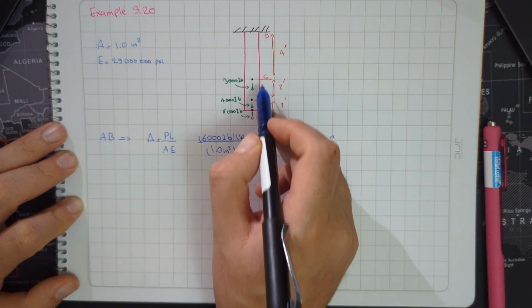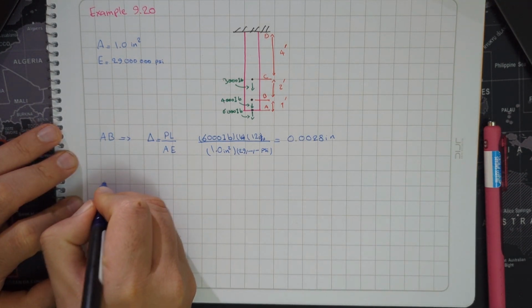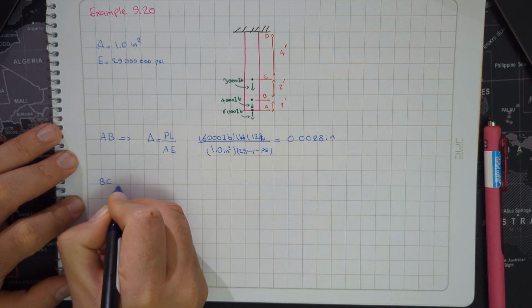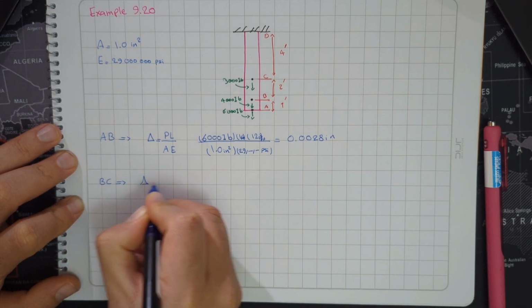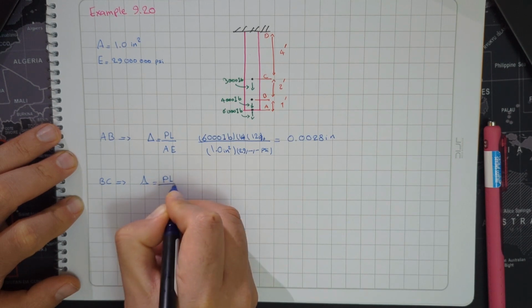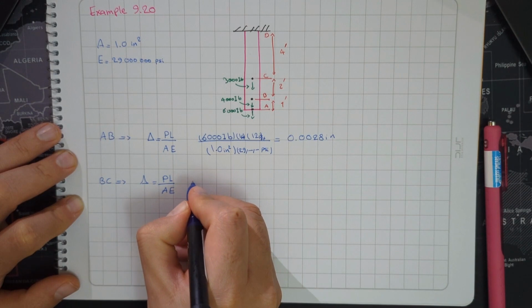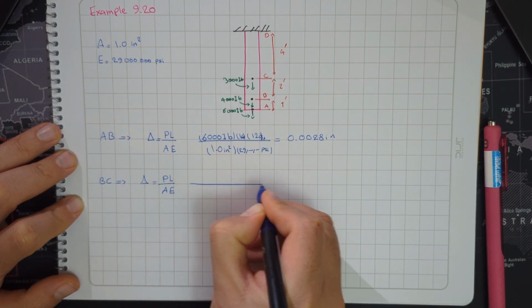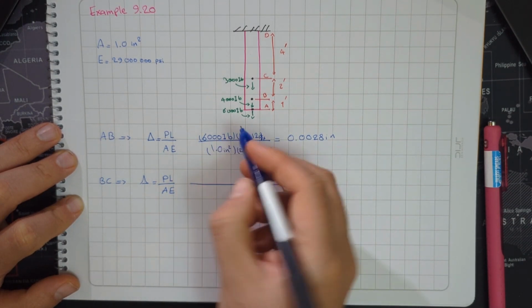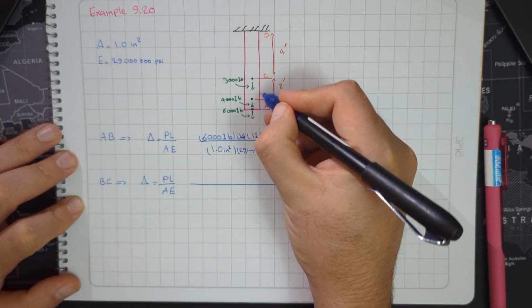Now part BC, right? Let's see how much part BC is going to elongate. Delta BC equals the same formula, PL over AE. So how much is P for this part?